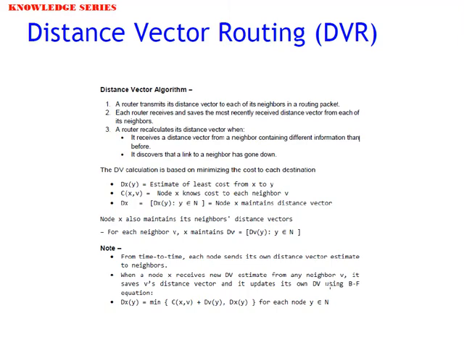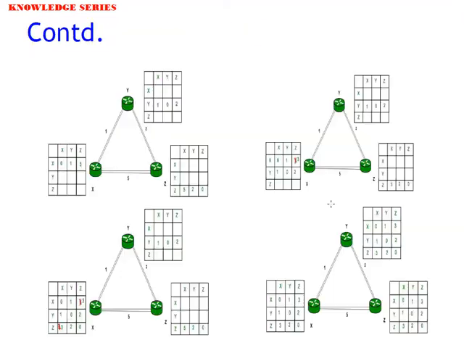Now to understand this, let's see the example. Thereby you will get more clarity about the distance vector routing algorithm. In this example, 3 nodes are shown: x, y, and z.